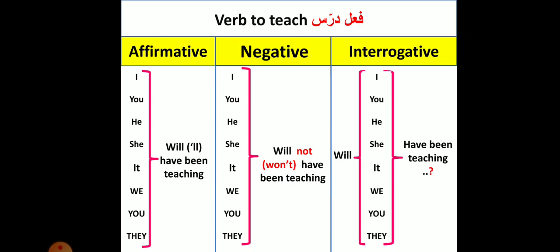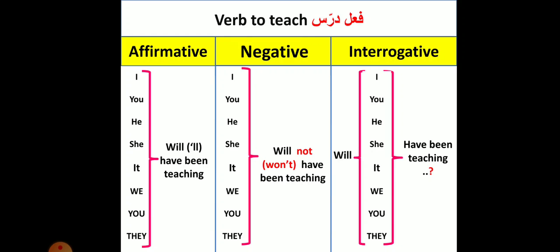The short or contracted form we use when we are speaking informally. So: you will have been teaching, he will have been teaching, she will have been teaching, it will have been teaching, we will have been teaching, you will have been teaching, and they will have been teaching.